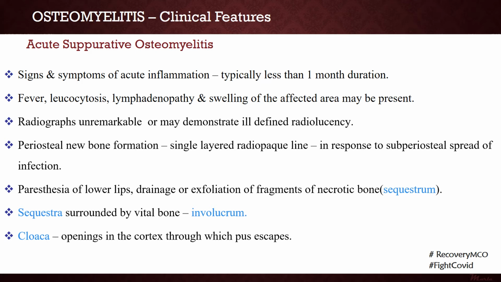At this point, I want to remind that cases of osteomyelitis are more common in the mandible as compared to the maxilla. This is because the blood supply to the mandible is from a single main vascular channel. However, maxilla on the other hand has numerous collateral sources of blood supply.